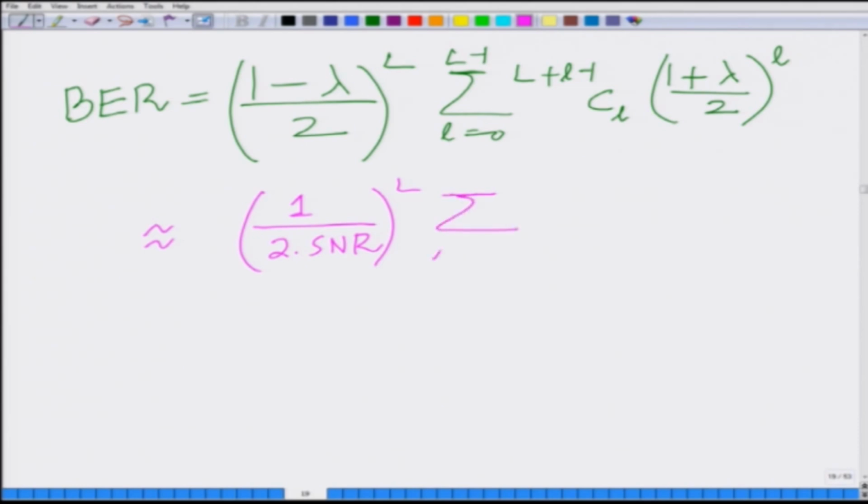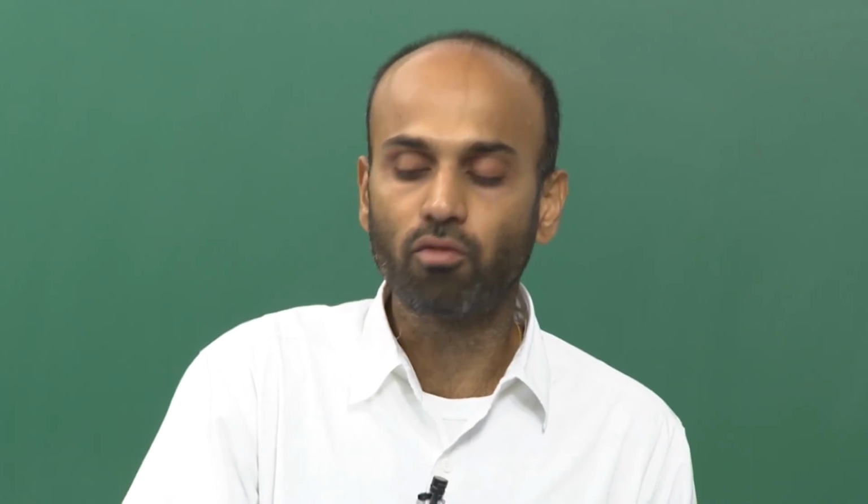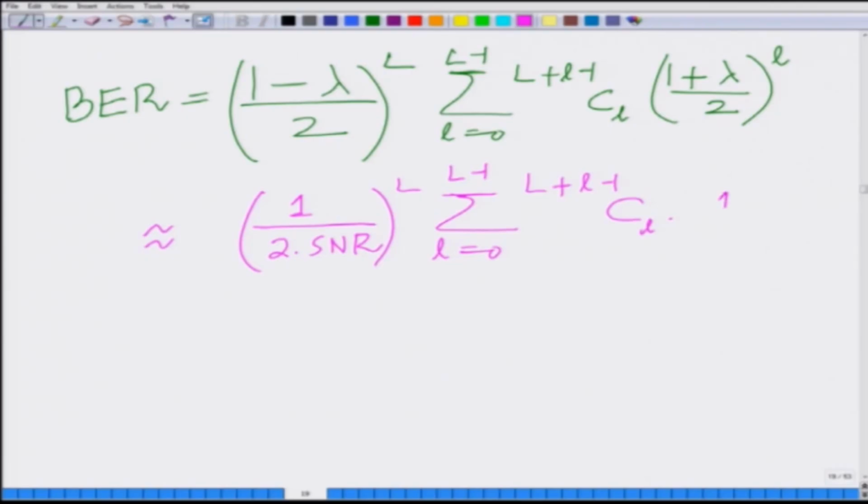summation l equal to 0 to L minus 1, (L plus l minus 1 choose l) times, and we have also seen that at high SNR 1 plus lambda by 2 can be approximated as 1. So, this is 1 to the power of l, which is basically 1. This approximation, mind you, is valid at high SNR.